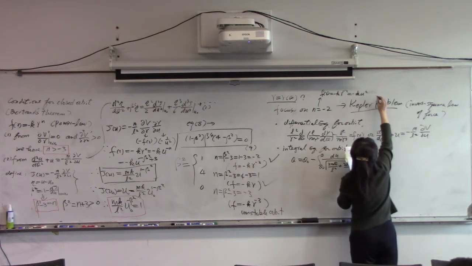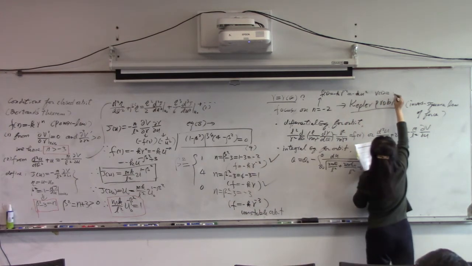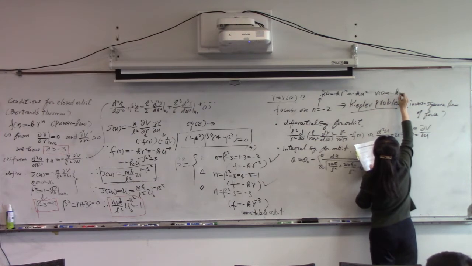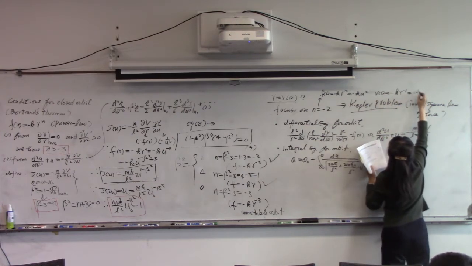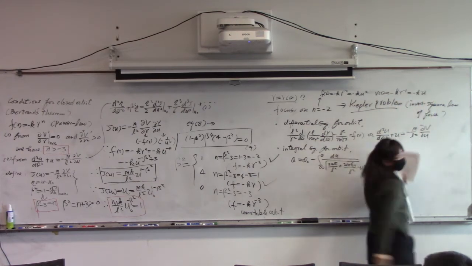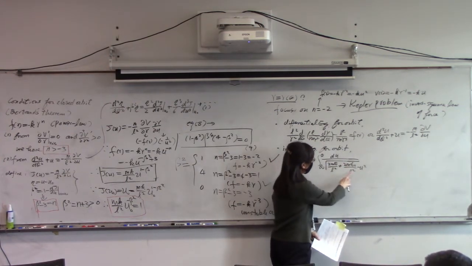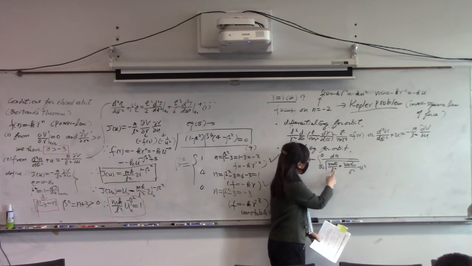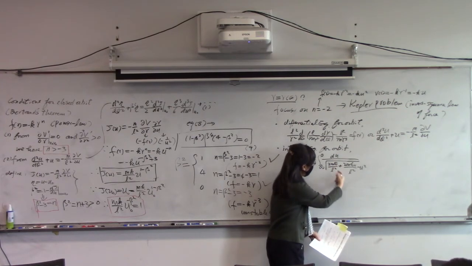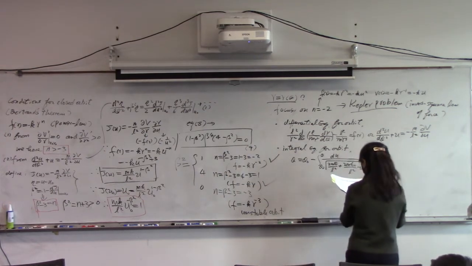And the potential is minus k r to the minus 1, or minus k u, right? Then of course there is the coefficient 2m over L squared, in the parentheses E plus k u. So that is direct here.